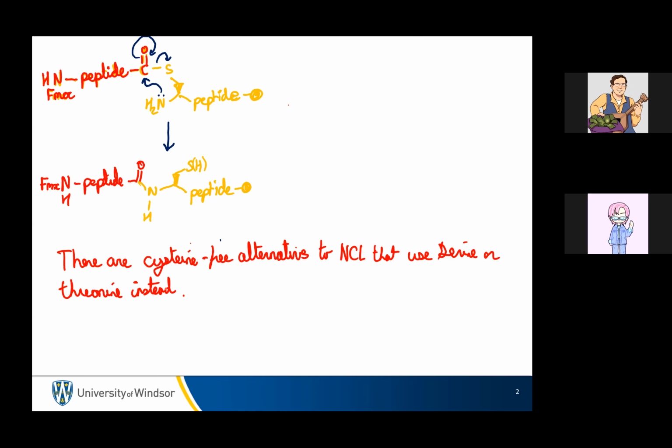I'll drop in a couple of good recent reviews that talk about more general approaches to peptide-peptide linkage using native chemical ligation and modifications and alternatives to it. I'd love to go into the details, but it really does mean wandering around the weeds a little bit on carbonyl chemistry, and I don't necessarily see that there's a lot of value in doing that.